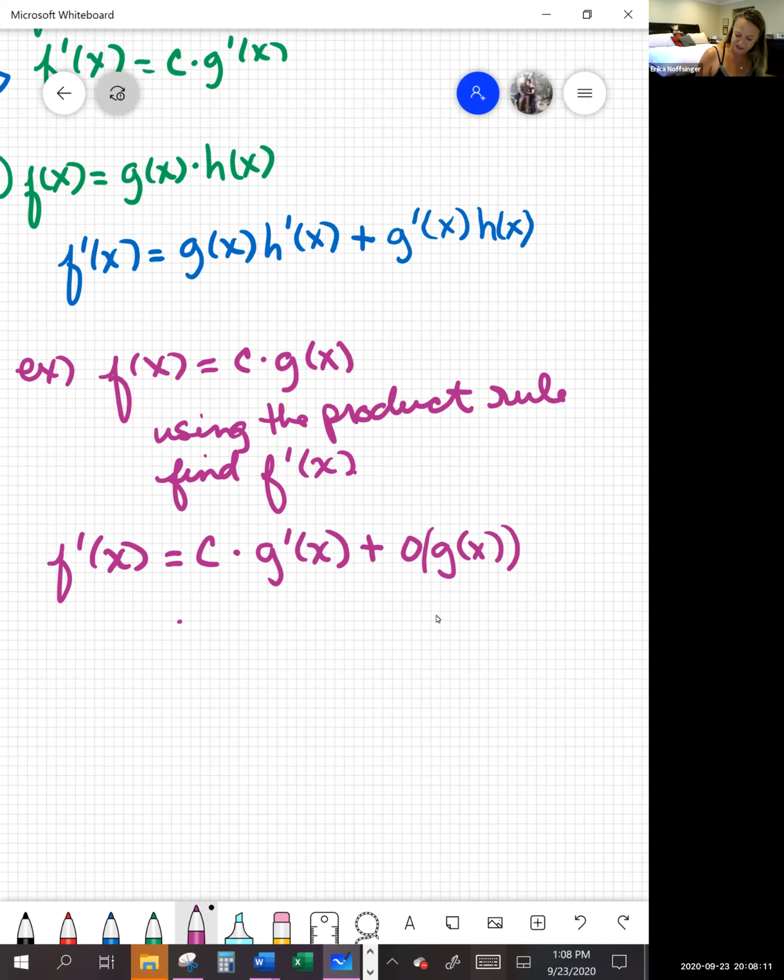And so c times g prime of x is c g prime of x, but 0 times anything is 0. And so this is equal to what we had up here.